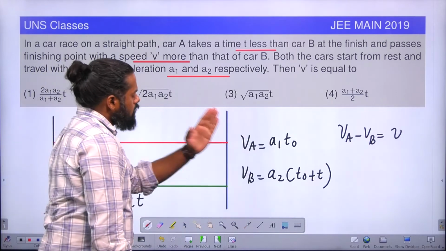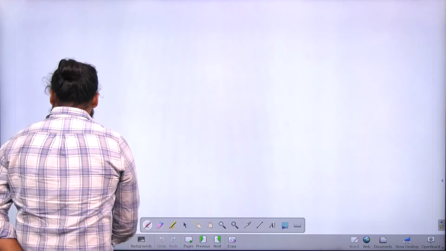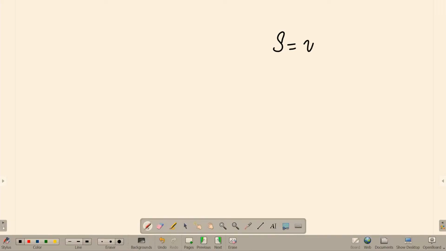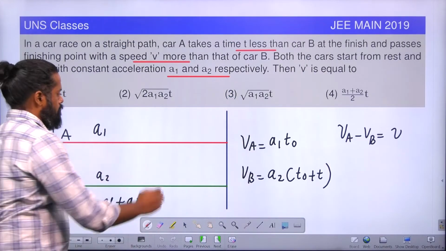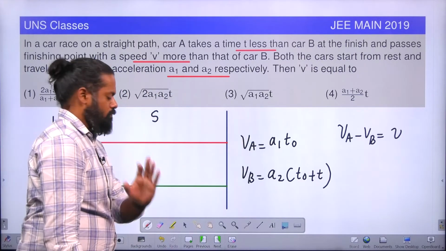First of all, let us find the displacement. The kinematic equation again we can use: S is equal to ut plus half at square. You know very clearly from the image that from the starting point to the end point, the displacement is same. So let S be the displacement; both cars need to cover the same displacement.